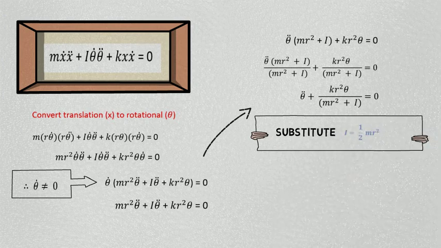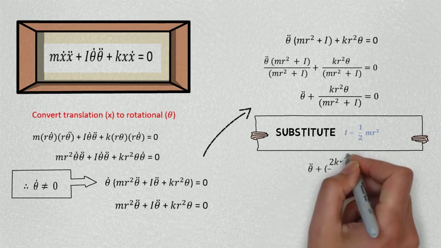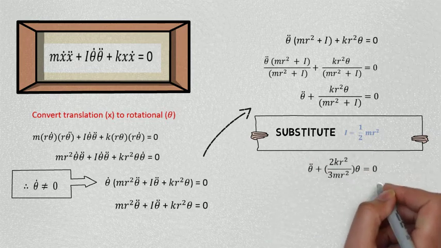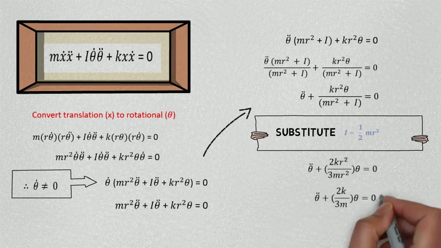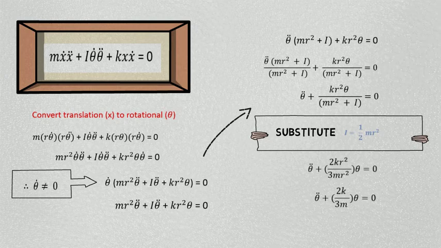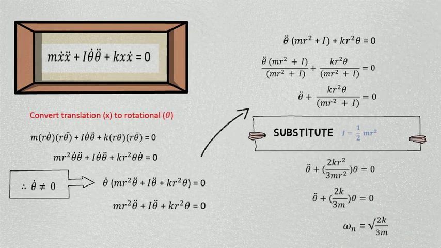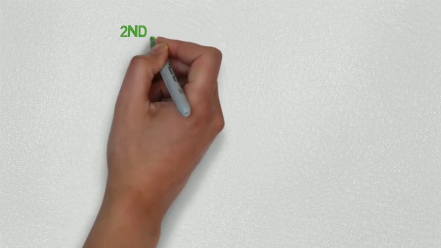Then substitute the value of I equal to half m r squared due to the mass moment of inertia of the pulley. After substituting, your final equation will be theta double dot plus 2k over 3m theta. And your omega n is set to the square root of 2k over 3m.